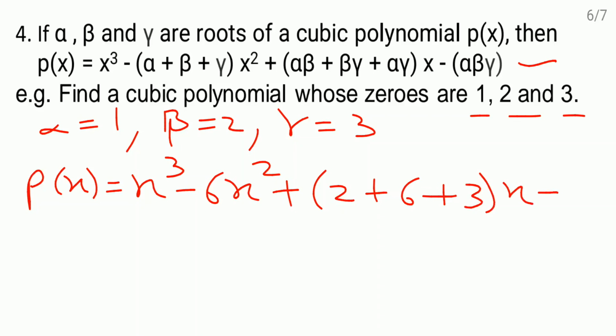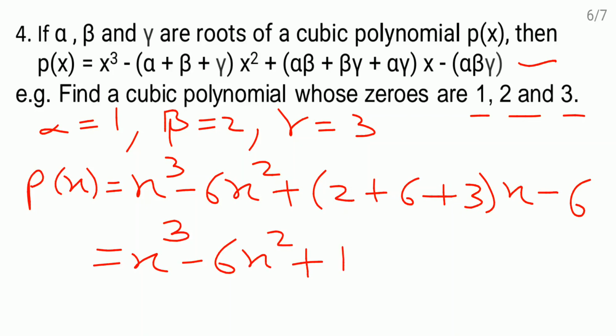So 1 into 2 is 2. 2 into 3 is 6. So here 6. So finally our polynomial is x cube minus 6x square plus 11x minus 6. This is the required cubic polynomial when they give us the zeros.